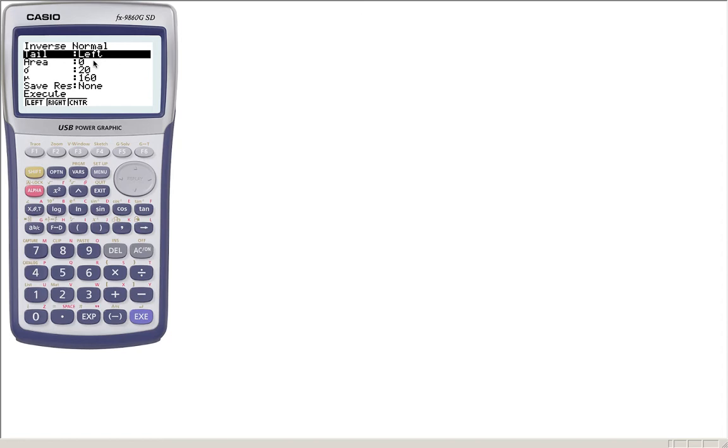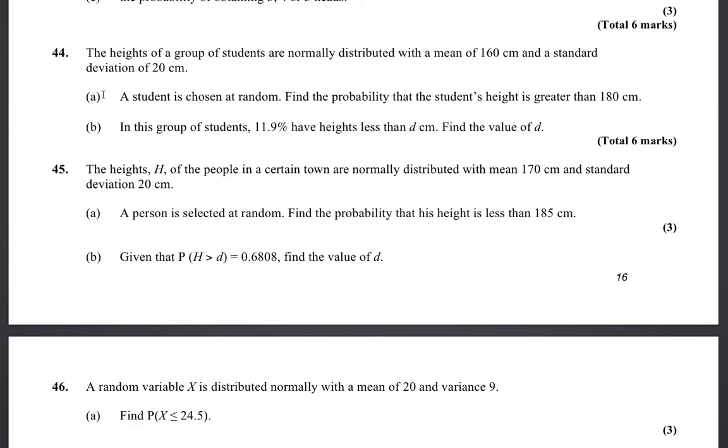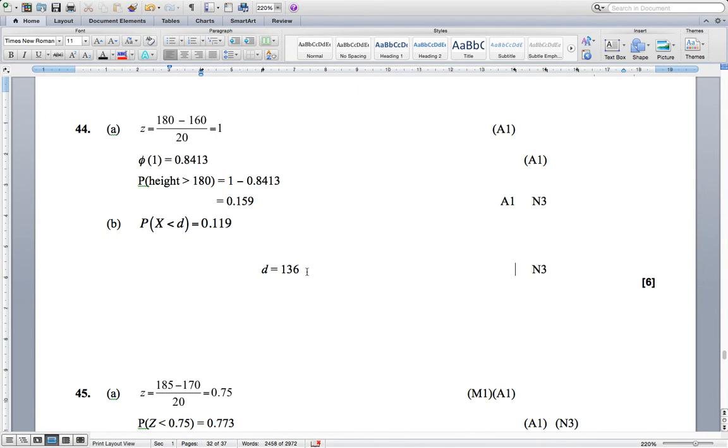So the tail is on the left hand side. The area is 0.119 and sigma and mu are the same. So the answer is 136.399. So three significant figures, it is 136. Yeah, so 136 is the answer, right?